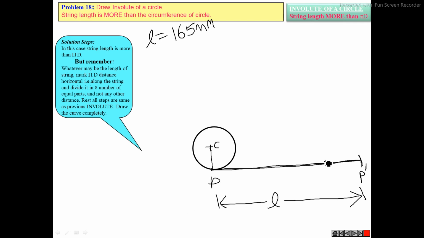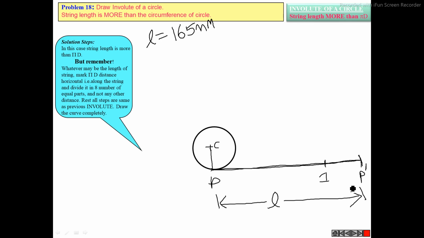How much portion is left? Say this is point 1. 1 P dash portion is left. Yes or no? Say suppose 1 P dash portion is left to wrap or unwrap. Clear? Yes, sir. That means P1 is nothing but the circumferential length of my circle.